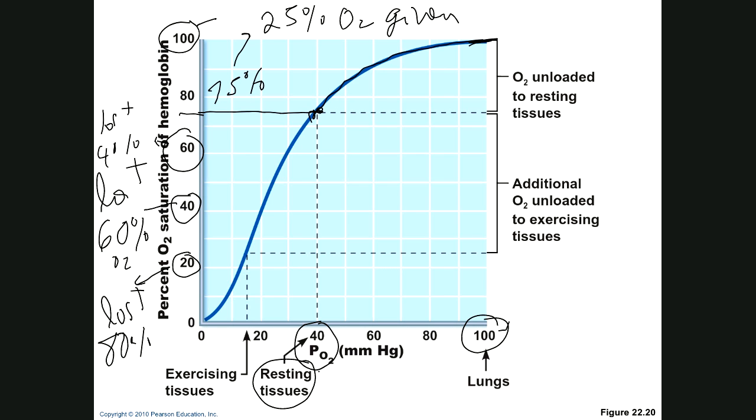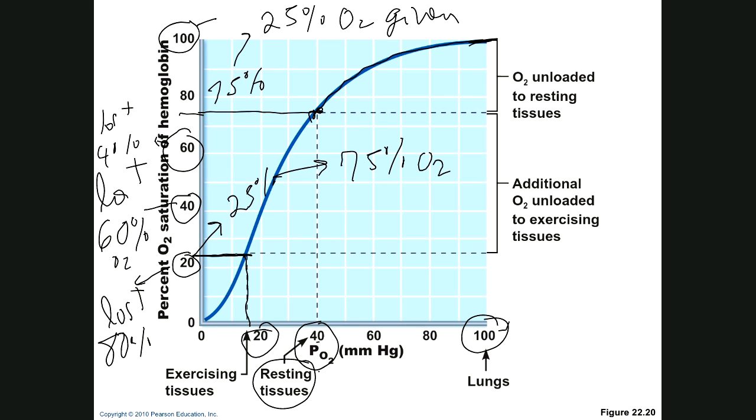Contrast that to active tissue. Active tissue has a concentration of oxygen that is half that of resting tissue, 20 millimeters of mercury. At that concentration, hemoglobin saturation ends up being 25%, which means it has given up 75% of its oxygen.